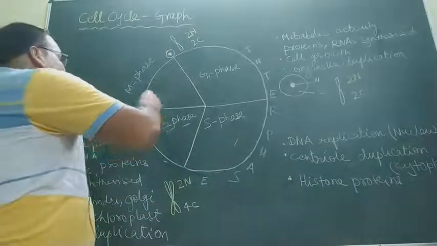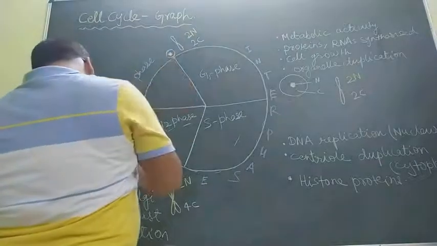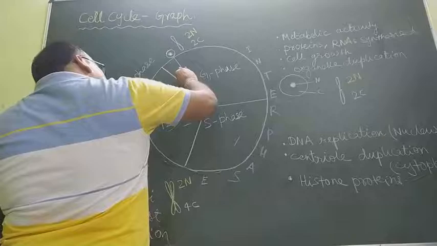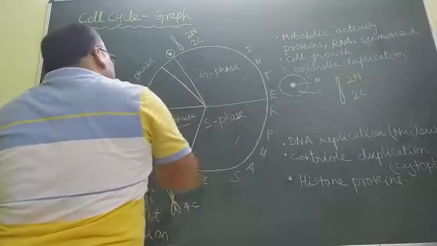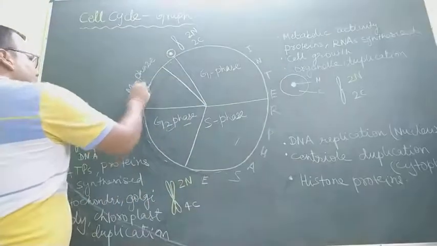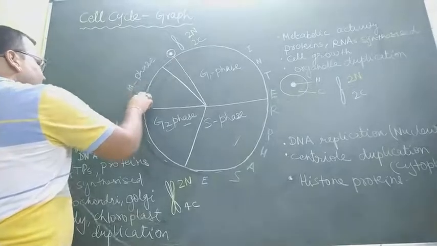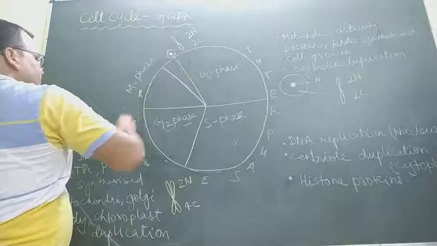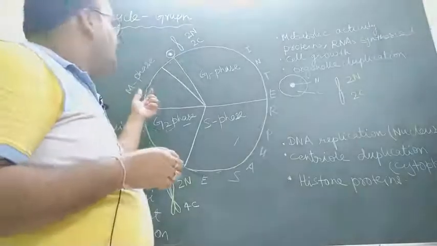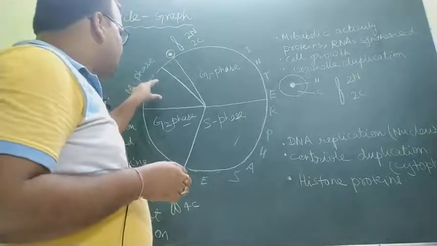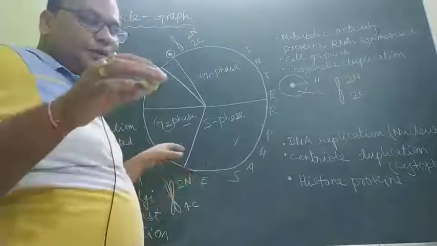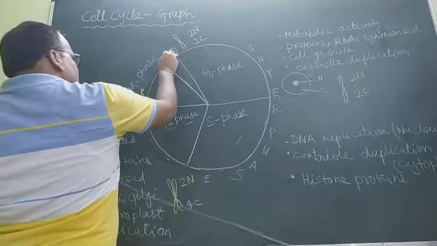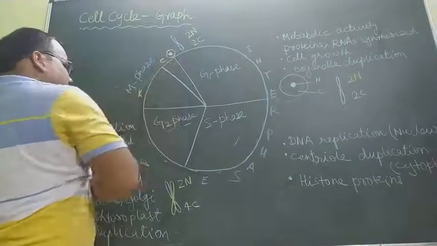So in M phase, the major time is taken for the division of the nucleus, and this time period is called karyokinesis. In short, we represent it with K. And when the nucleus is properly divided into two parts, only then is its cytoplasmic content divided, which is known as cytokinesis.